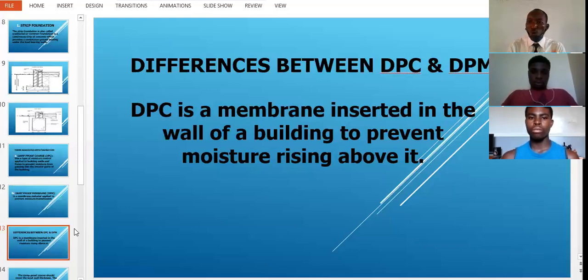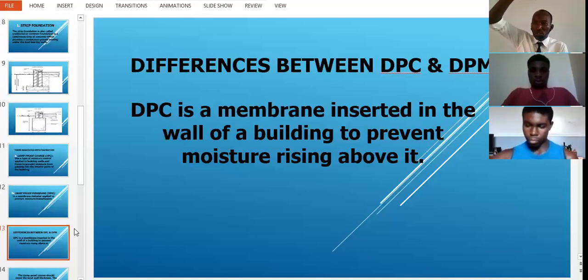When you are erecting a wall, you lay your block in courses. So it is a membrane inserted in the wall of a building to prevent moisture from rising above it. That is to prevent moisture entering into the wall, the block.